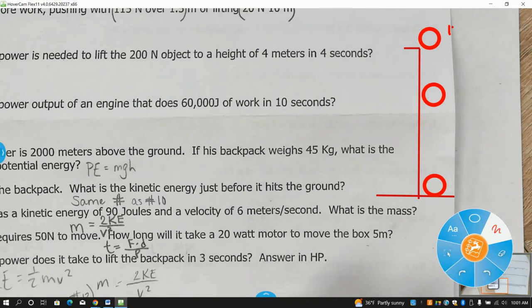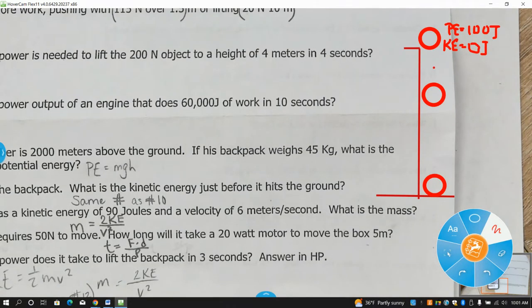At the top, if the potential energy equals, let's say, 100 joules, it's not moving, so the kinetic energy will have to equal 0 joules. Now, the mechanical energy is the sum of those two, so you add these two together. So 100 plus 0 gives us a mechanical energy of 100 joules.